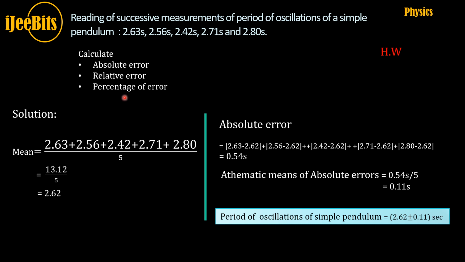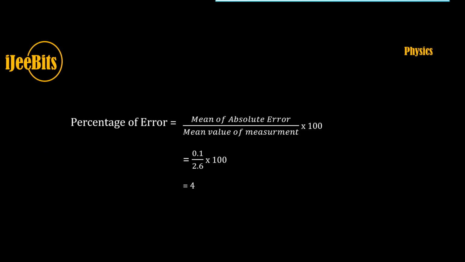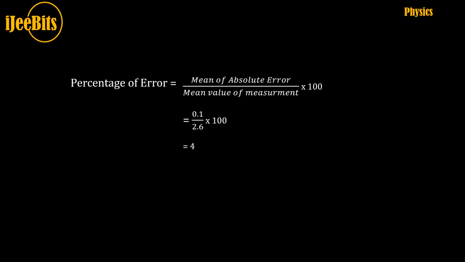So how do you calculate the percentage of error? Can you think of it? Percentage of error is basically the relative error multiplied by 100, right?